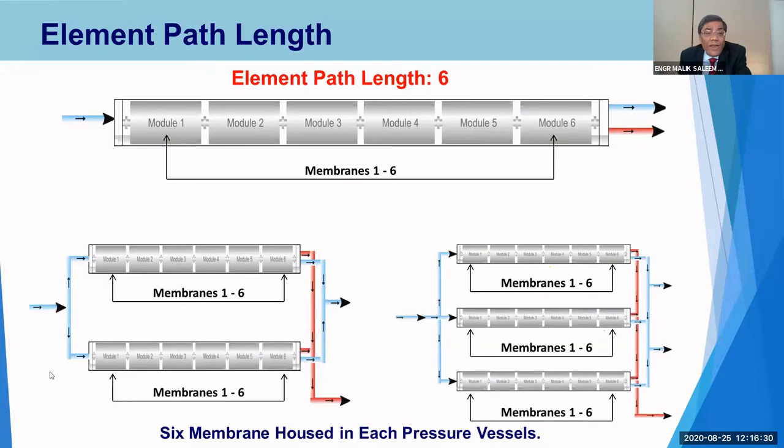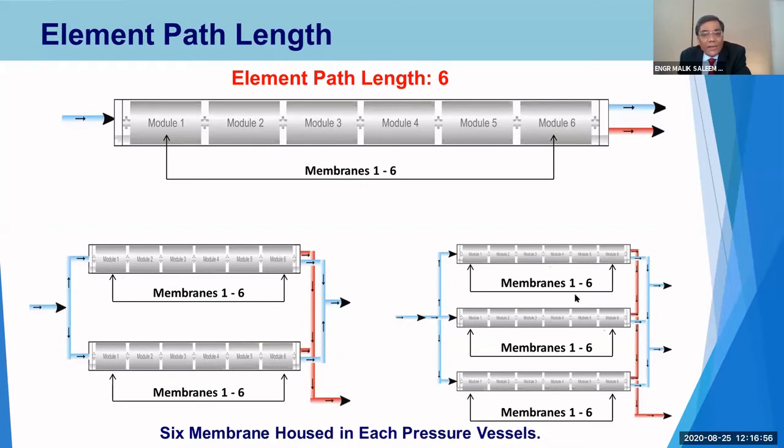If we have 2 pressure vessels and we are feeding the water in parallel to both pressure vessels, this is the feed source, this is the first pressure vessel, and this is the second pressure vessel. Both vessels have 6 modules. It means the path length in this case, even with 2 pressure vessels, will be 6 as well.